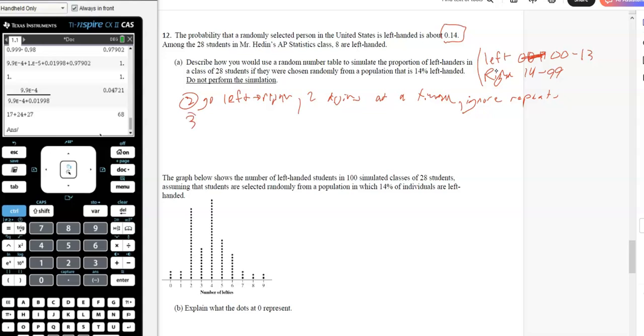So what's our stopping mechanism? We're going to use the random number table to choose 28 unique numbers.